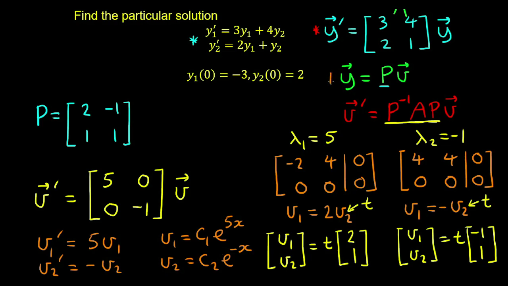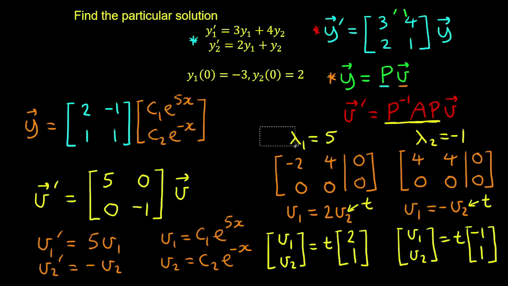And now using this equation, we can obtain a solution vector y. So let's do that here. So we have y is equal to our matrix P multiplied by the solution vector V. So that would be C1 e to the 5x and C2 e to the minus x.